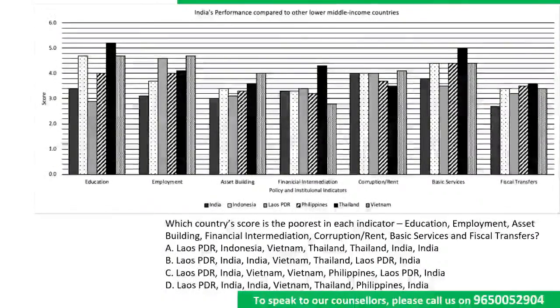You have the same order that is given here, and in the same order you have to name the countries that have the poorest score in these indicators.